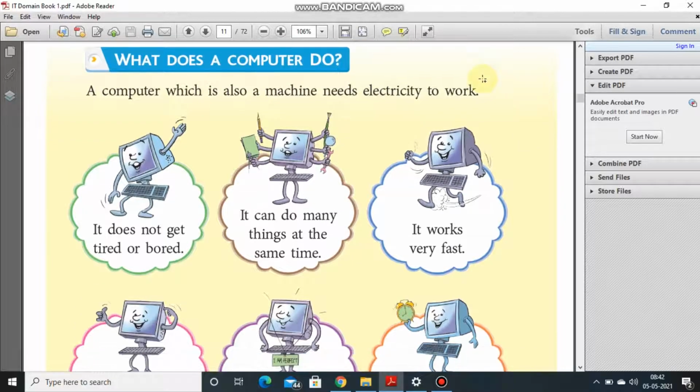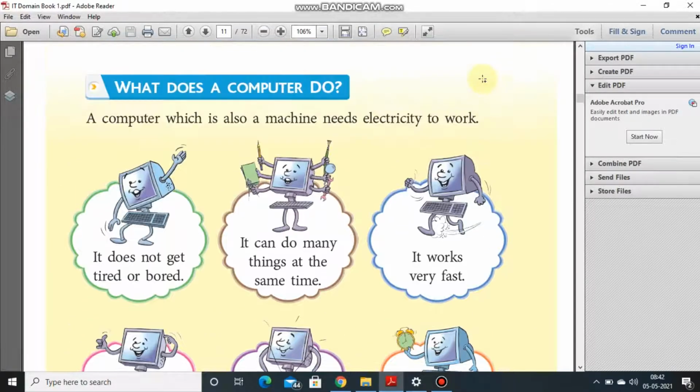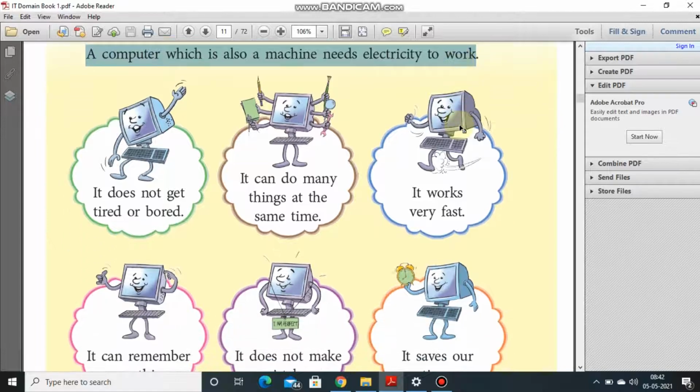Now, today's session, which we have discussed on the board also: what does a computer do? A computer, which is also a machine, needs electricity to work. Without electricity, the computer will not operate.